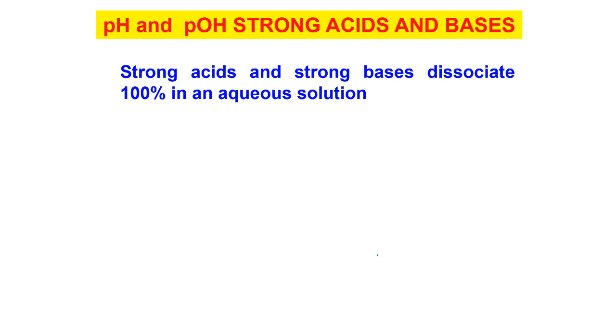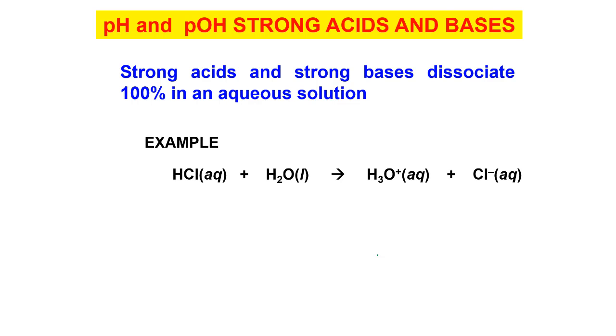pH and pOH, strong acids and bases. pH dan pOH bagi strong acid dan strong base. Alright, strong acids and strong bases dissociate 100% in an aqueous solution. So, kita dah jelas tadi bahawa strong acid dengan strong base dissociate completely in aqueous solution in water. For example, I have hydrochloric acid solution dissociates completely in water and forms hydronium ion and chloride ion aqueous.